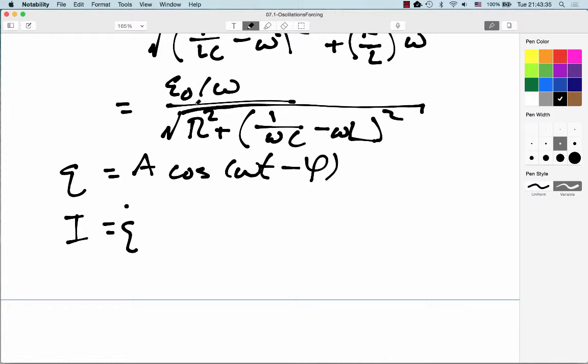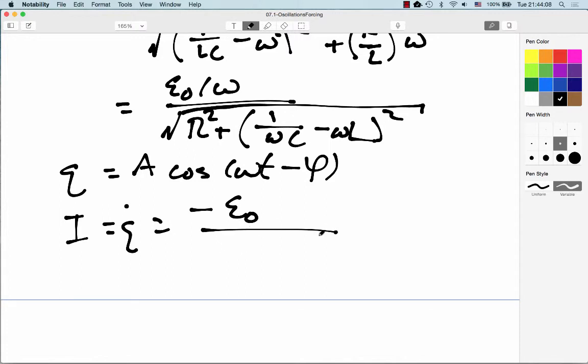So differentiating the A with respect to time, this is all a constant here, and we have times cosine, so the derivative of cosine is minus the sine, so it's going to give me minus E naught over, and then I have an over omega, but when I differentiate the cosine, I'm going to bring out an omega, so it's just going to cancel.